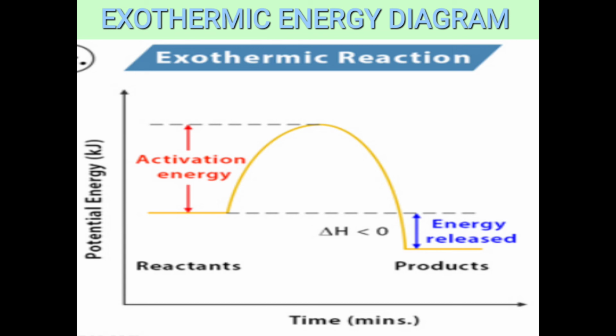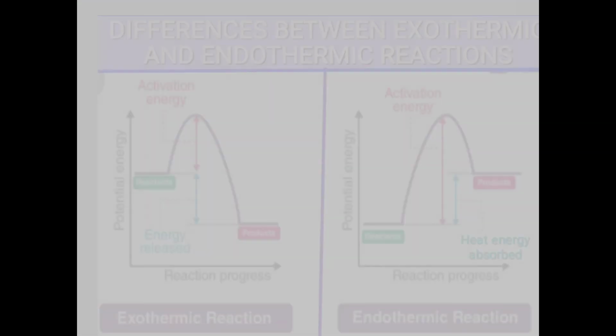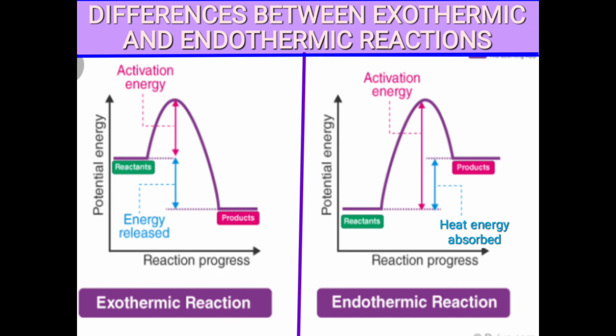Let's continue. Let's look at the differences between exothermic and endothermic reactions. If we consider activation energy, in exothermic reactions the activation energy is less than that in the endothermic reaction.